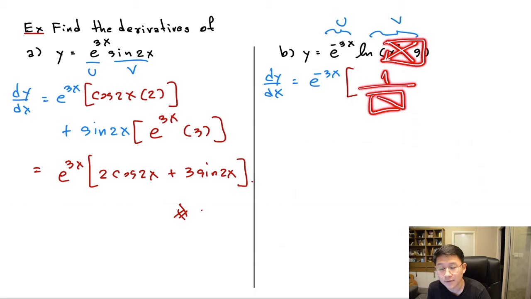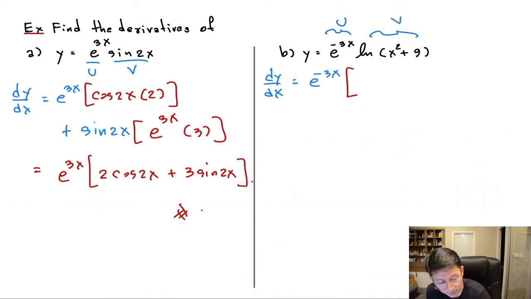The formula, if you don't remember, go back and look at the formula. The derivative of log x is 1 over x, and then you need to differentiate the big X by dx, right? So it is 1 over x squared plus 9, and that will be 2x.